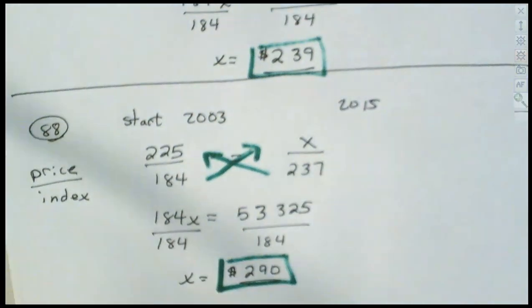And there are all kinds of different tables for almost every item. The government keeps track of all the items and the average prices of those things, so you could look up the price of a car. If you know what you paid for that car in, let's say, 74, and you wanted to see what a similar car would cost today, there's an index for that. You look it up and use the same procedure: whatever the car cost you, divided by the index of, let's say, 1974.